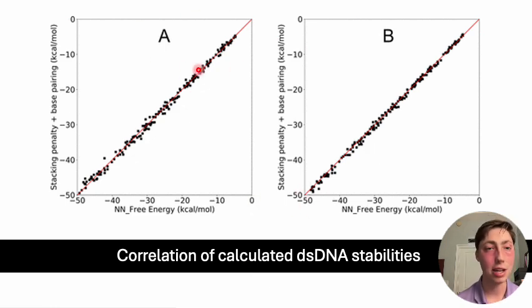The A graph is the one where the hydrogen bond was set to just be an average energy of negative 0.72 kilocalories per mole. So this was the average free energy of performing the hydrogen bond. This graph is where each hydrogen bond, depending on the base pair, so AT base pairing was negative 0.65, whereas GC base pairing was negative 0.8, and then the mixture is somewhere in between, very similar to the value I just discussed.